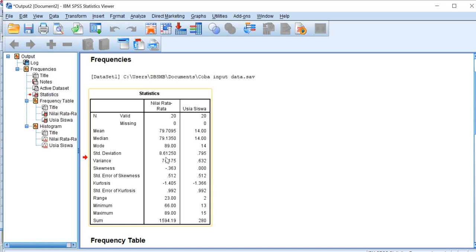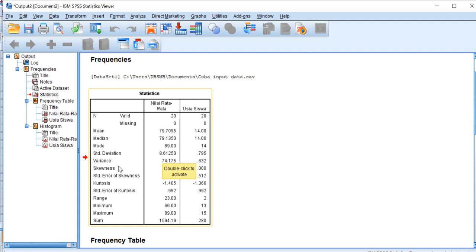So in nilai rata-rata, our data is more heterogeneous because it has a big standard deviation, while in usia siswa we have more homogeneous data because the standard deviation is less than 1.